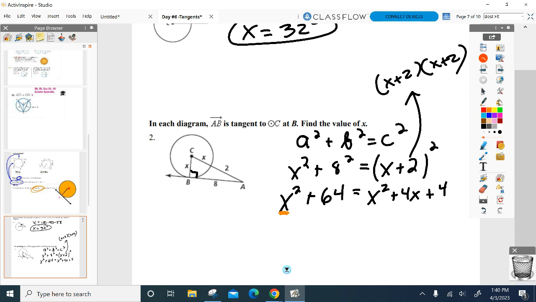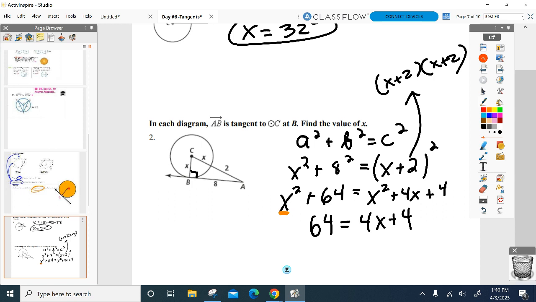I see x squared. That usually means factor. But you can't factor unless one side is equal to 0. All right, let's move over x squared plus 64. What's going to happen when I move the x squared over? See ya! They're gone. So lucky you guys that don't like factoring. You don't have to here because those x squareds will cancel.